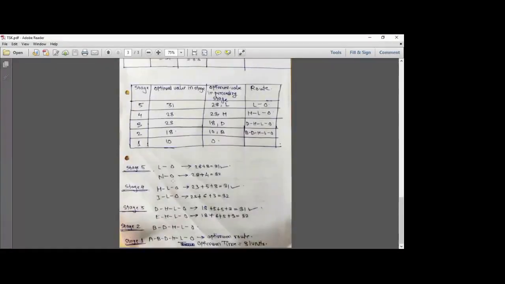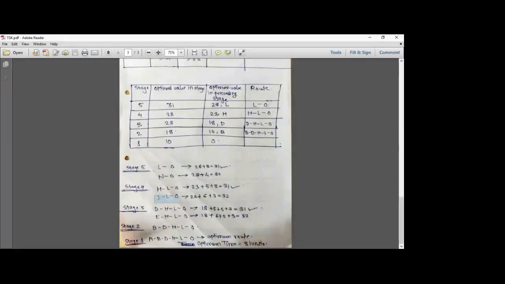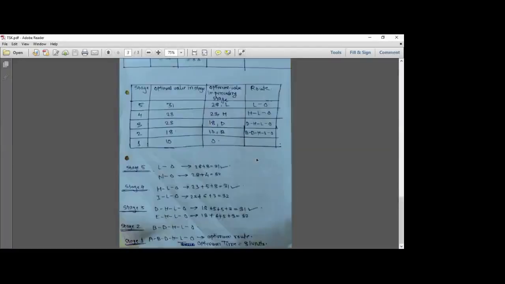So here you can see there are two possibilities. HLO will be giving us 23 plus 5 plus 3, that is equal to 31. And the route ILO will be giving me 23 plus 6 plus 3, that is 32. Again, I cannot accept the value 32. I will have to stick to the value 31, and hence I have selected the node H, and I have written H here. Now my route is HLO, right?